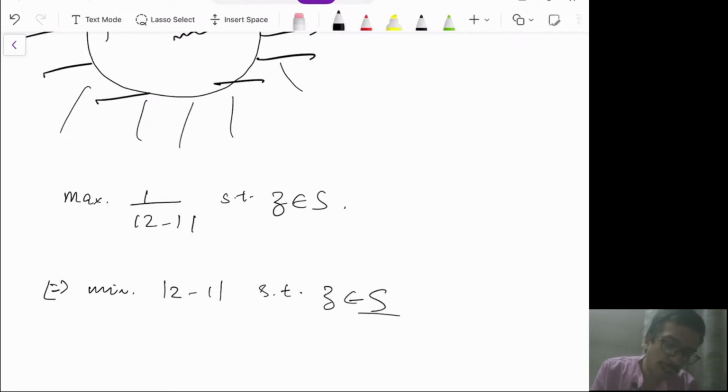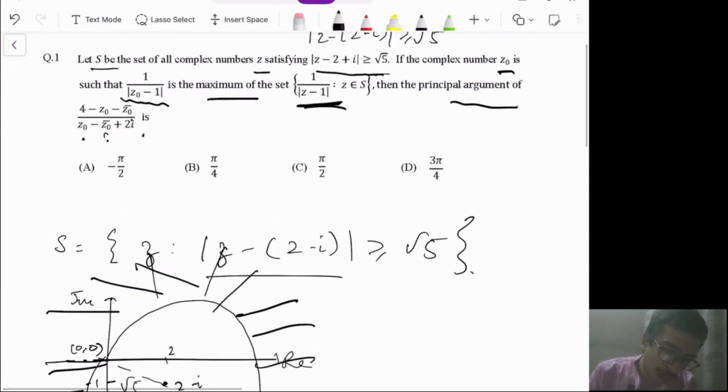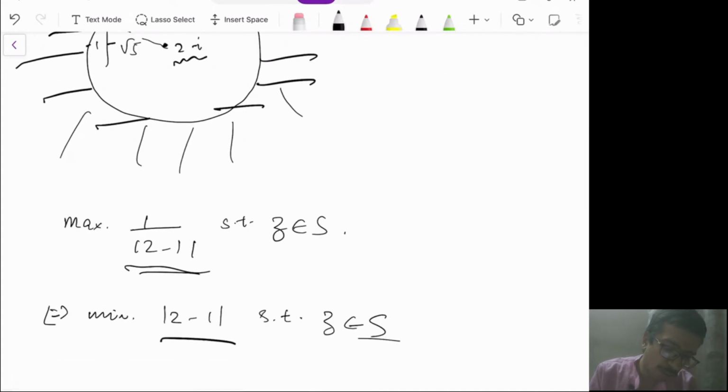Modulus is a positive number, so the lower the value of mod z minus 1 is, the larger 1 over mod z minus 1 is. So we have to find that z0 such that mod z minus 1 is minimized.